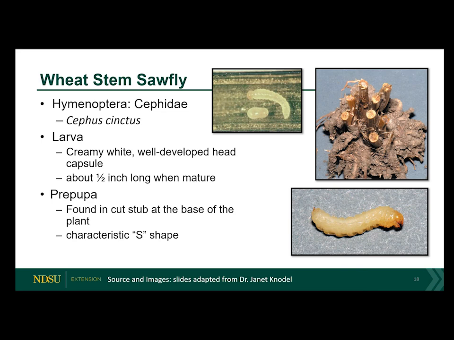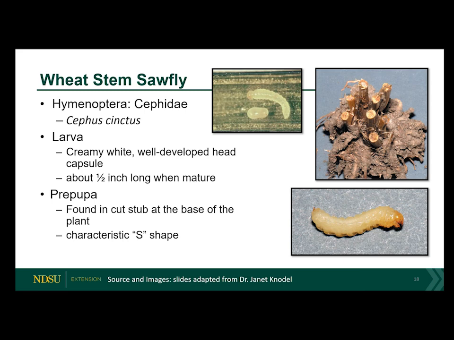Next up, wheat stem sawfly. It's a Hymenoptera, so it falls into the bees and wasps group. We have the larva right here, and it's well developed, with a head capsule, as you can see right here. It's about 1/2 inch long.